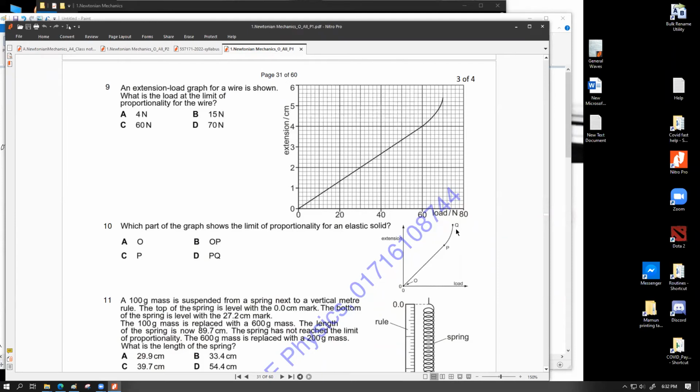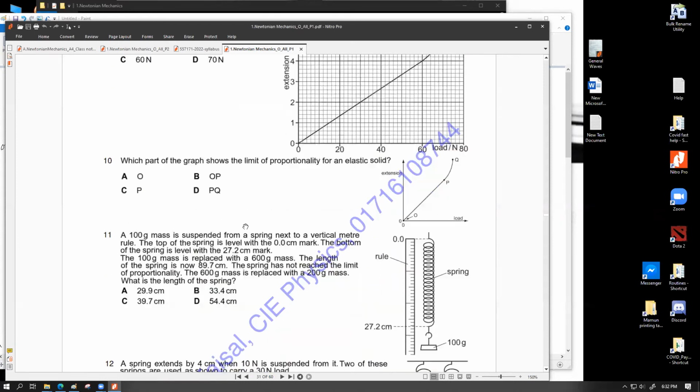So the correct response for this is P, not OP. Sometimes students mess up and give OP. OP is called the elastic region, and PQ is called the plastic region. P is the distinguishing borderline point between them, the limit of proportionality.